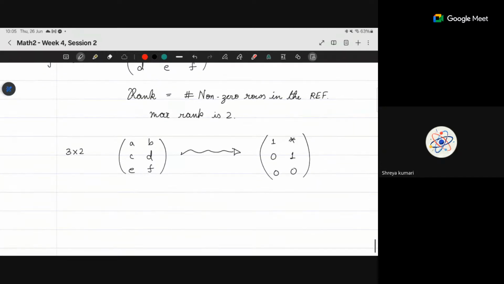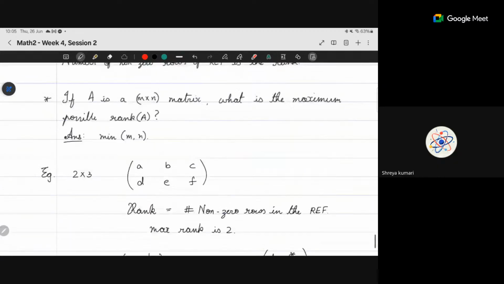Every non-zero row should have a pivot, and you have only space for 2 pivots, because every pivot has to be strictly to the right of the previous pivot. Can you fit in 3 pivots in this? No. So once again, here you'll have max rank is 2, even though there are 3 rows.